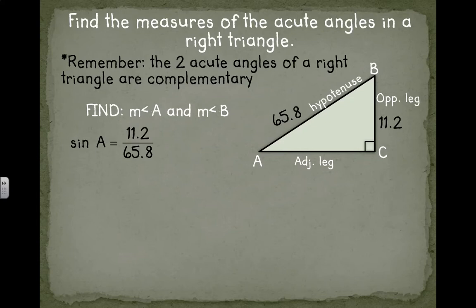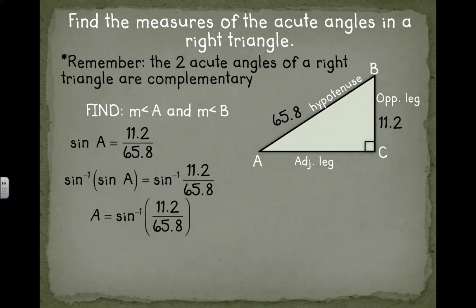So you set up your ratio, undo the sine on the left-hand side, use the sine inverse. In your calculator, you're going to push second sine. There's parentheses that will open automatically. 11.2 divided by 65.5, close your parentheses, hit enter, and you should get that the measure of angle A is 9.8.